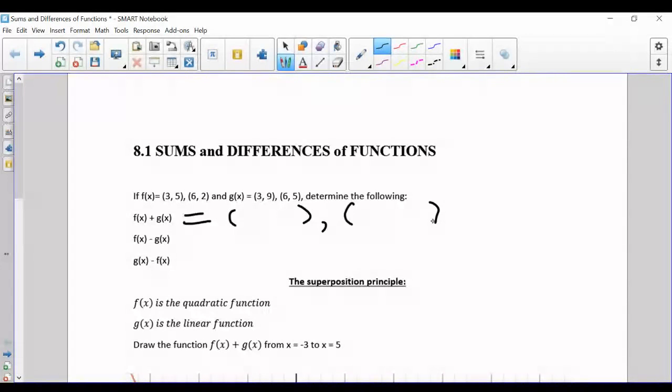One function is (3, 5) and (6, 2). The other function is (3, 9) and (6, 5). Any guesses as to what the result of adding those two might be?